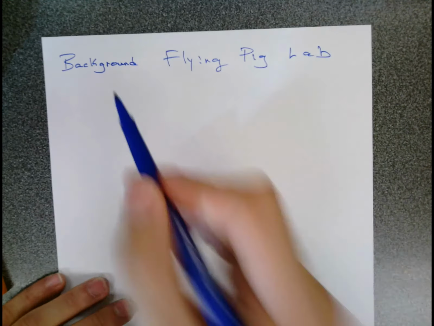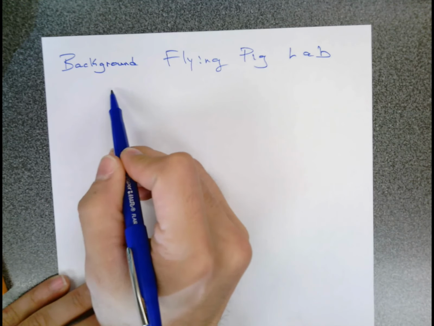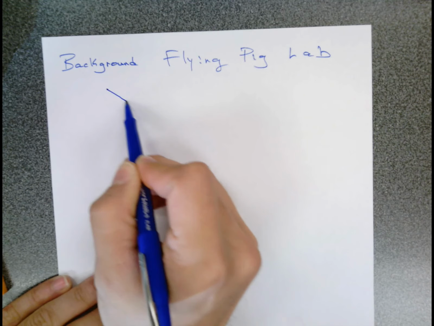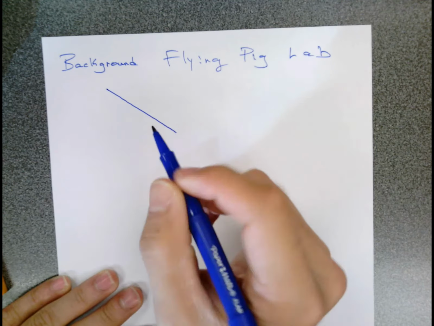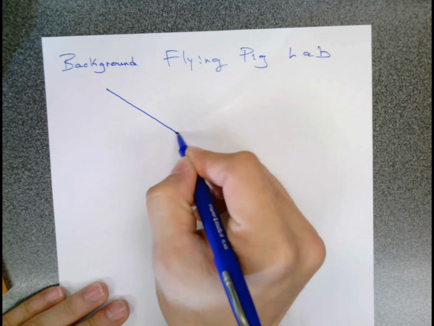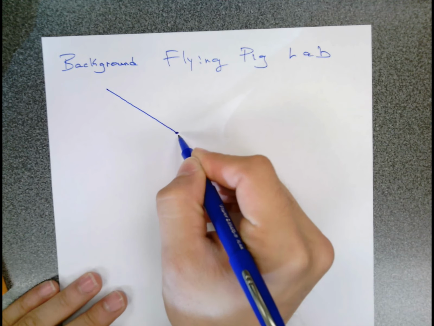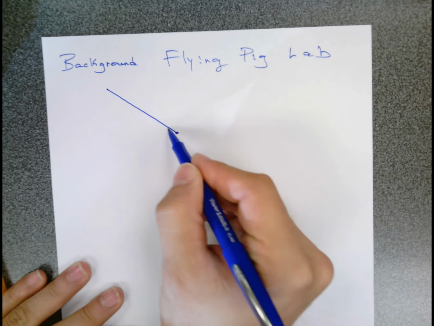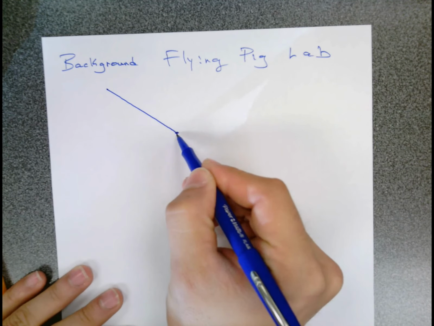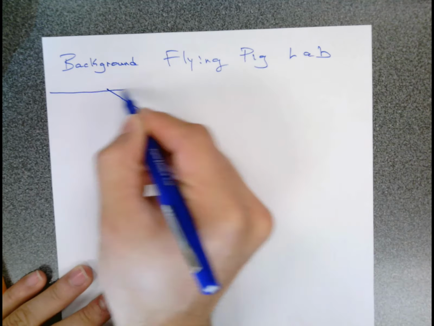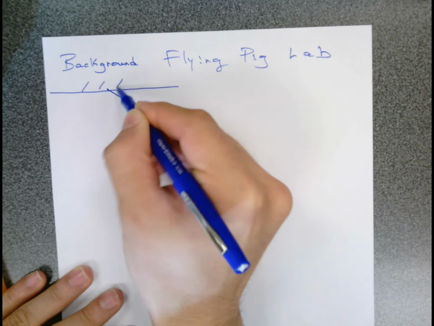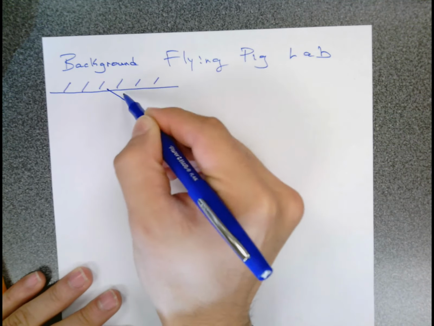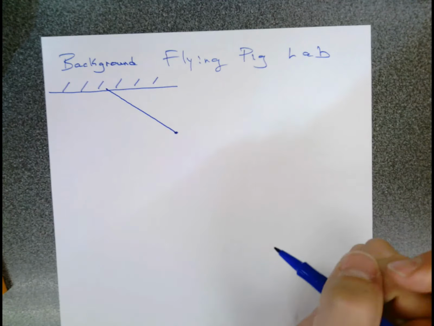First thing we have to do is make a diagram of the Flying Pig Lab. In this case, you will see that when the Flying Pig starts to fly, the string that is attached to it is coming out at an angle from the ceiling.